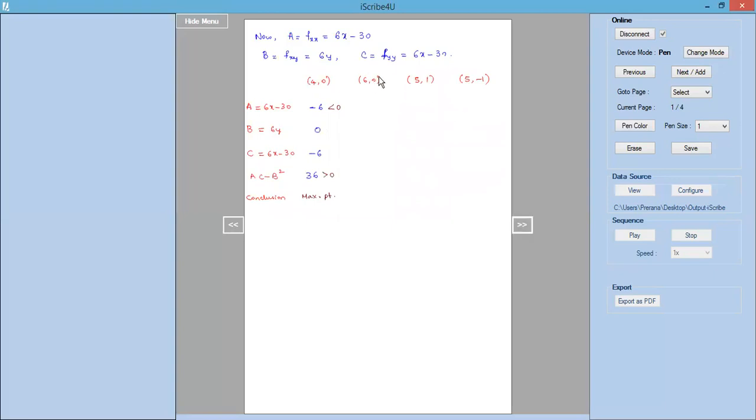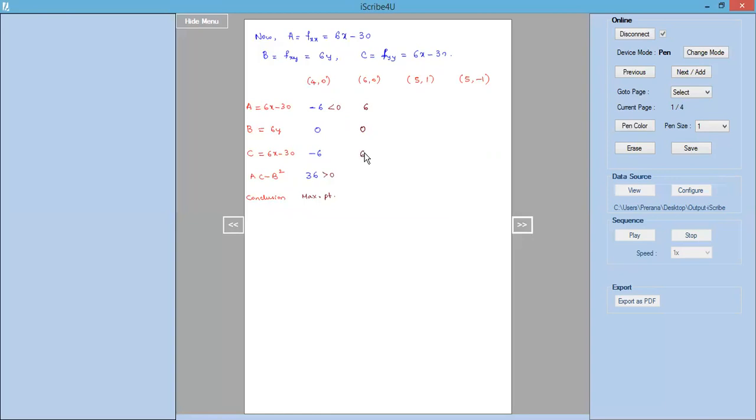Similarly, we'll move on to 6, 0. So x is equal to 6 and y is equal to 0. We have to substitute. Because we are obtaining x is equal to 6, 6 times 6 is 36 minus 30, which is 6. Y is 0, so capital B will be 0. Then C will be again 6.